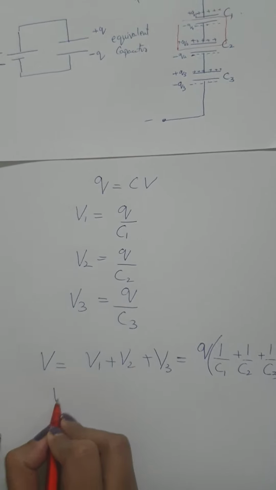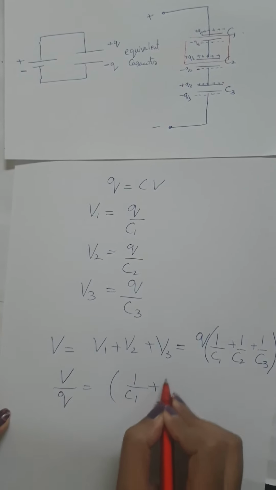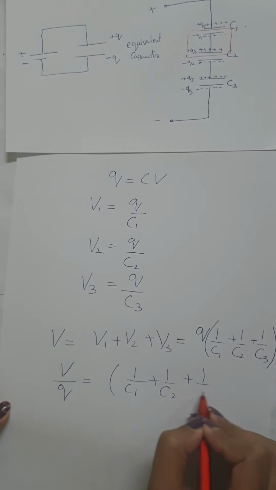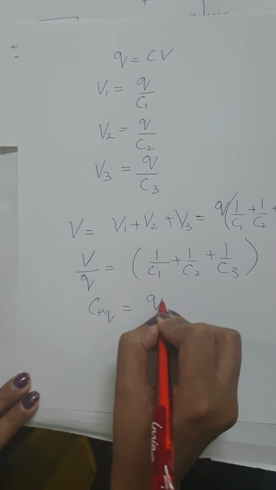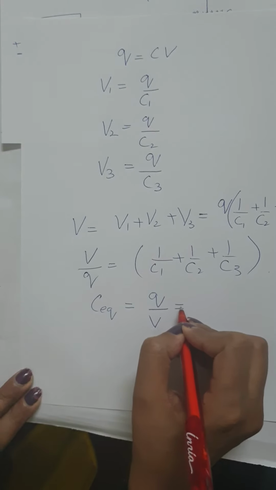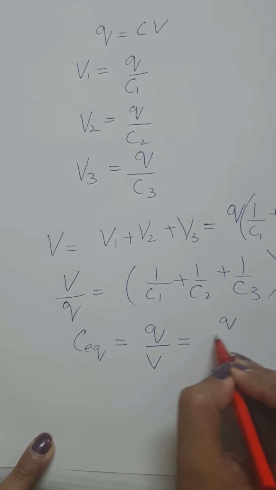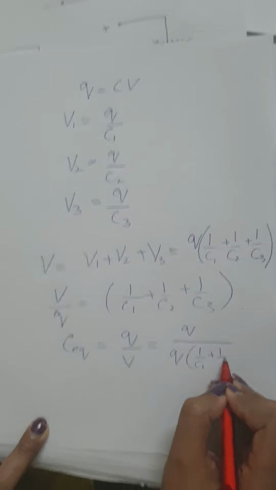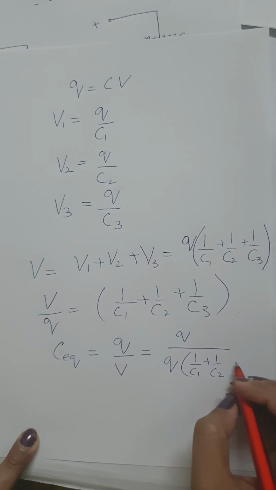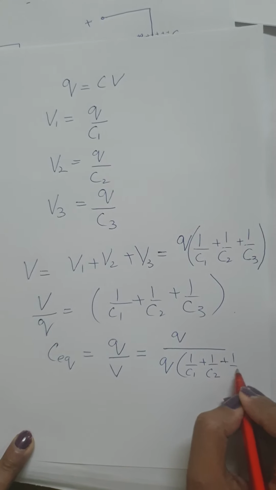We can also write V over Q is equal to 1 over C1 plus 1 over C2 plus 1 over C3. Equivalent capacitance is equal to Q over V, which becomes Q over Q times (1 over C1 plus 1 over C2 plus 1 over C3).